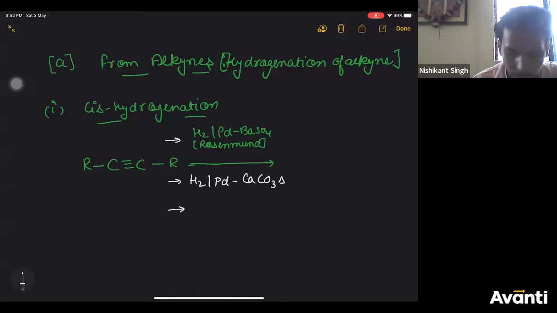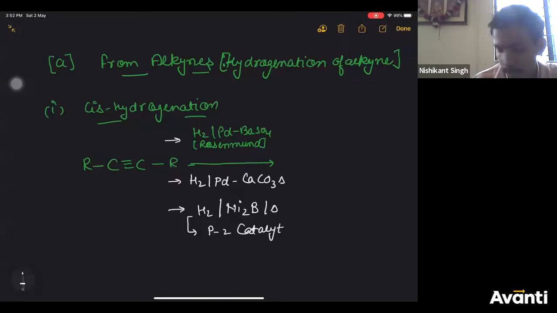You can use one more catalyst, that is H2 with nickel boride, with heat. They are also known as P2 type catalyst, right?